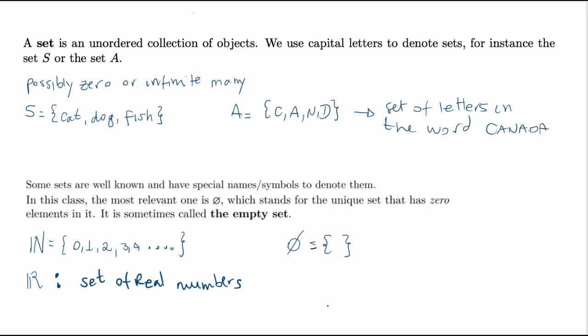There are also other special sets, for example, the set of natural numbers. You will see this stylized N. This stylized N is also a reserved symbol for this set. When I describe this set, it is composed of 0, 1, 2, 3, 4, and dots, meaning that this continues forever.